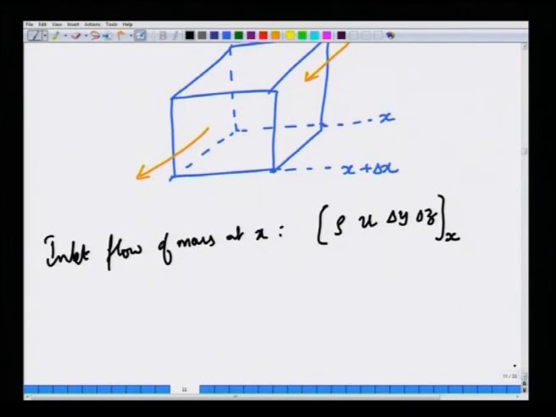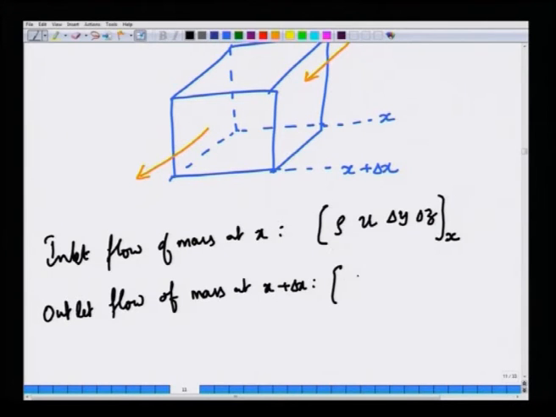Okay. So outlet flow of mass at x plus delta x is rho u delta y delta z at x plus delta x.